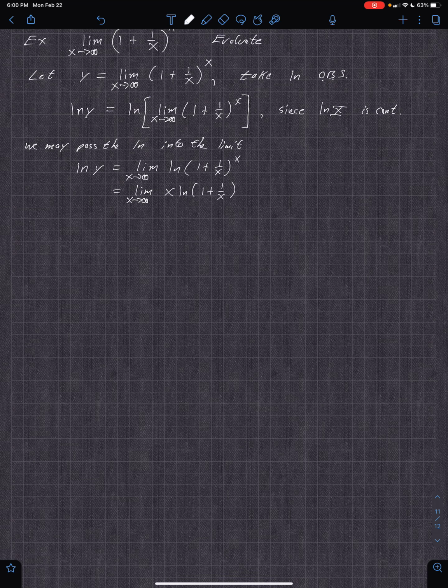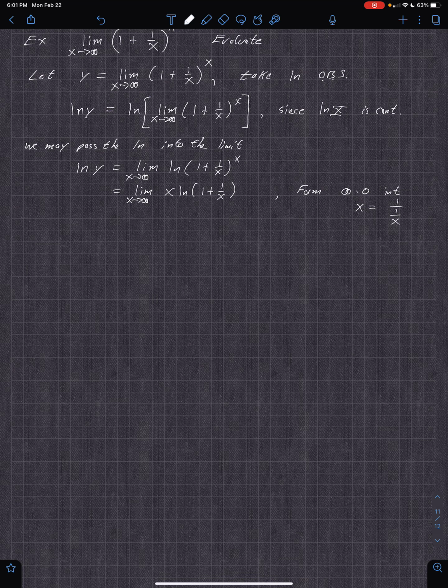Now in this form, the indeterminate form is infinity times 0. So that doesn't help us to apply L'Hopital's rule. We can't do that. But what we can do is take x and rewrite that as 1 over 1 over x.